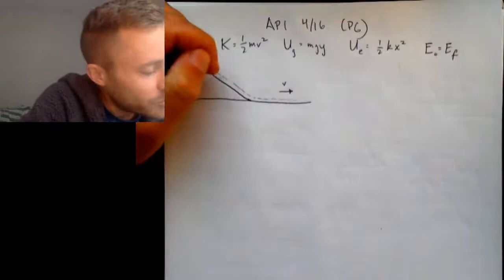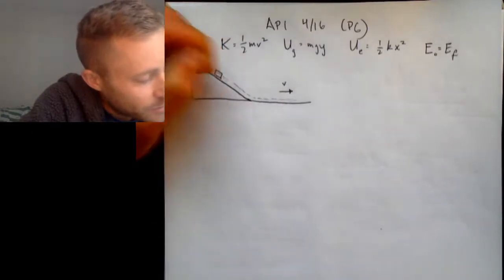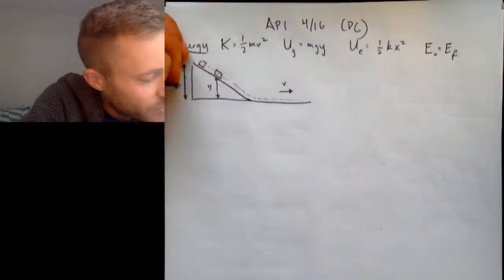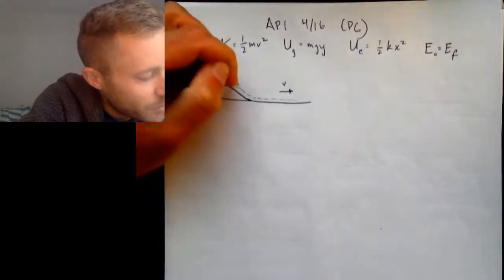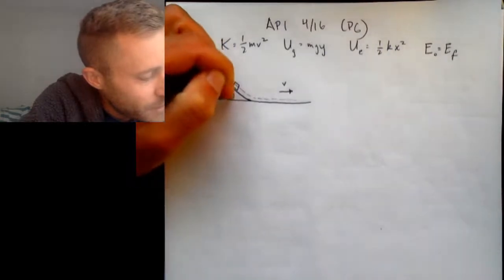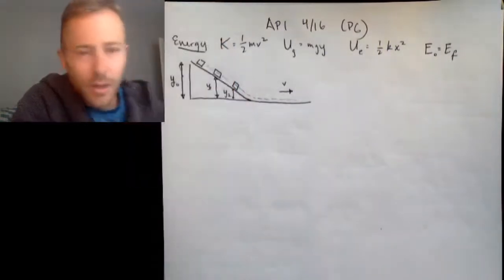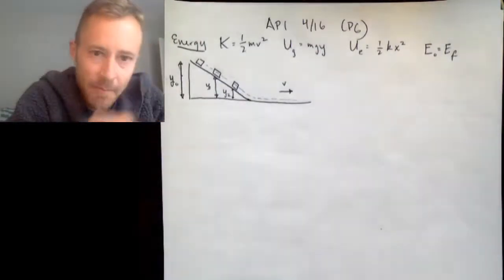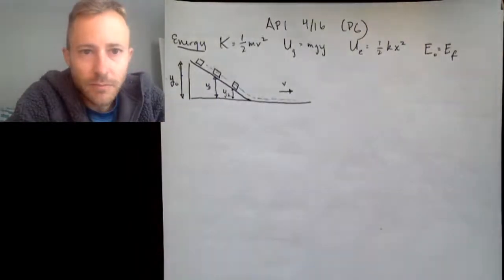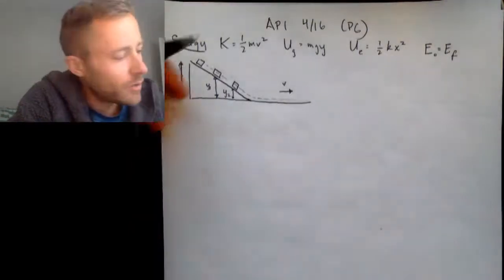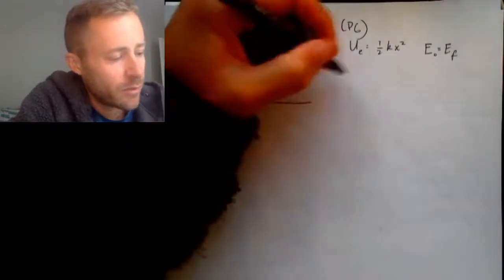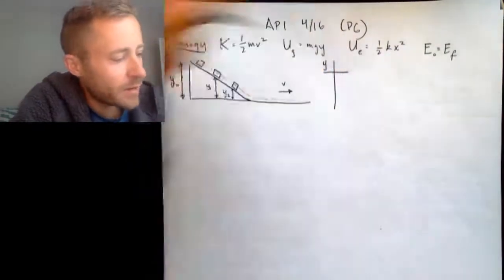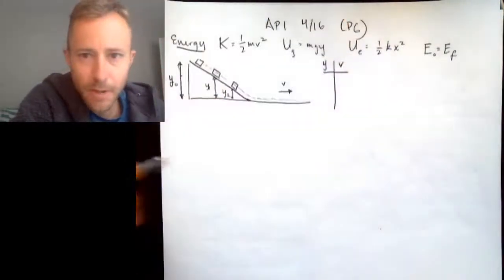So maybe we start the block at different heights. Maybe this is y0, this is y1, and y2. By starting the block at different heights, we can develop a data table of y, height, versus v.